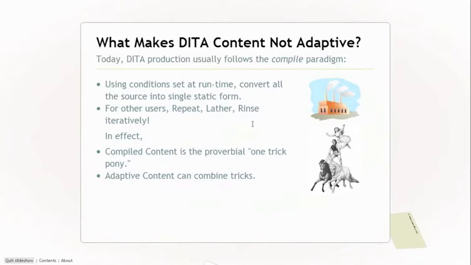And that's one of the difficulties of trying to use basically a shotgun approach, which is using conditions that you set at runtime, converting all of your source into a single static deliverable, and publishing that somewhere. If you've got the bandwidth to be able to do that for more than one kind of user, or for more than one kind of personalization profile that you've set up for them, then it follows the formula of lather, rinse, repeat.